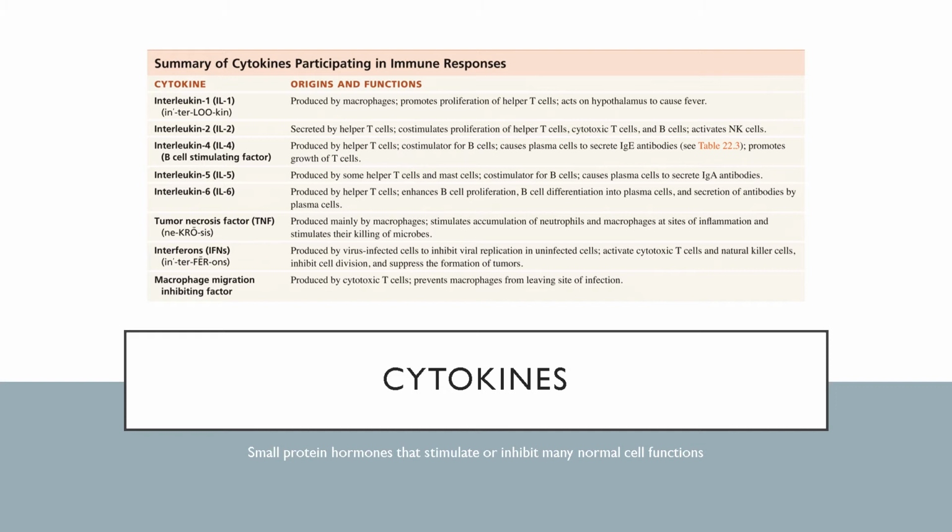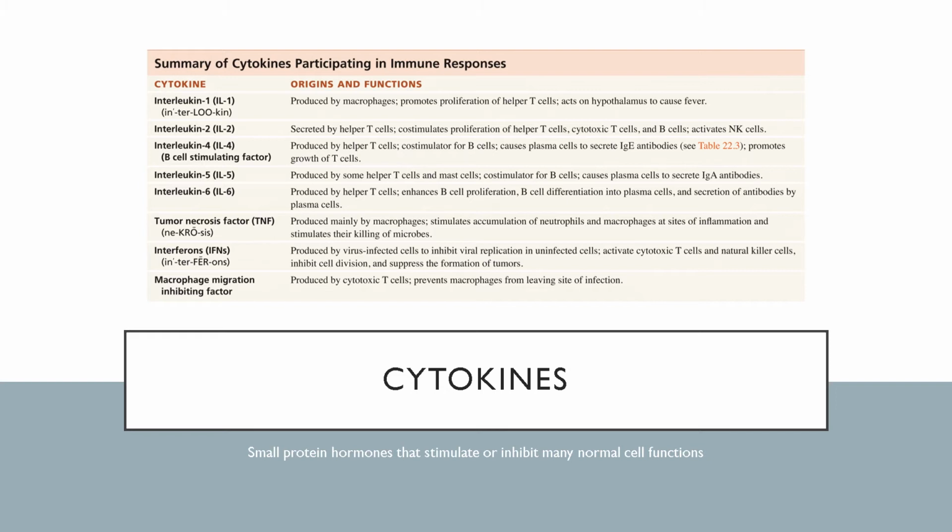So lots of different cells will be able to secrete these cytokines. Some cytokines will stimulate the proliferation of progenitor blood cells in red bone marrow. Some will regulate the activities of cells involved in innate defenses or adaptive immune responses.